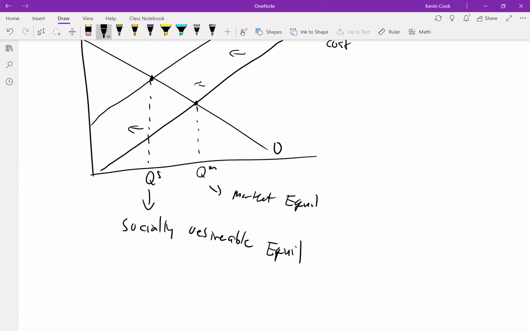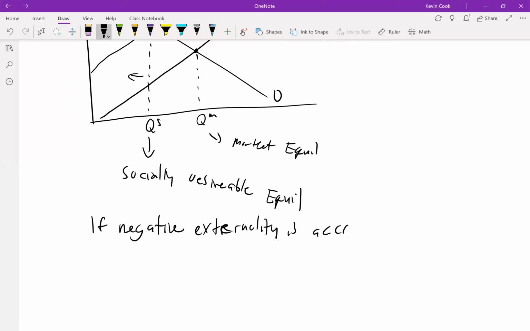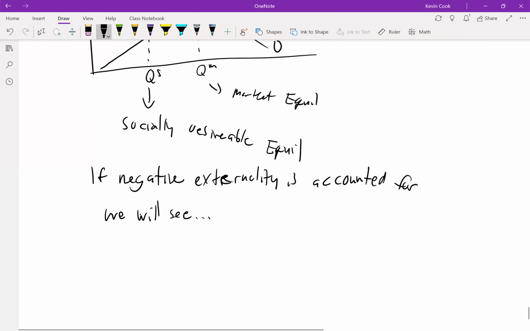And in general, if we have a negative externality that is accounted for, we will see two things happen, and we can see this in the graph too.